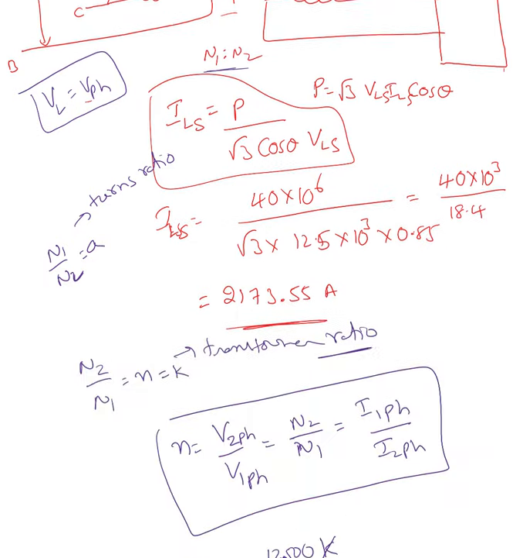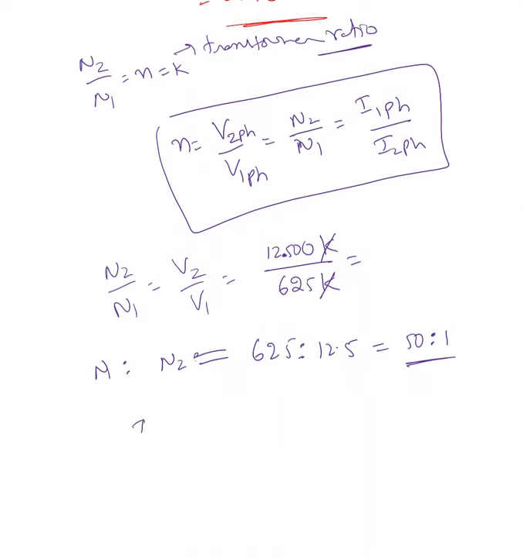So I1 phase over I2 phase equal to N2 over N1. What is N2? N2 is 1, N1 is 50. So now I1 phase equal to I2 phase times 1 over 50.